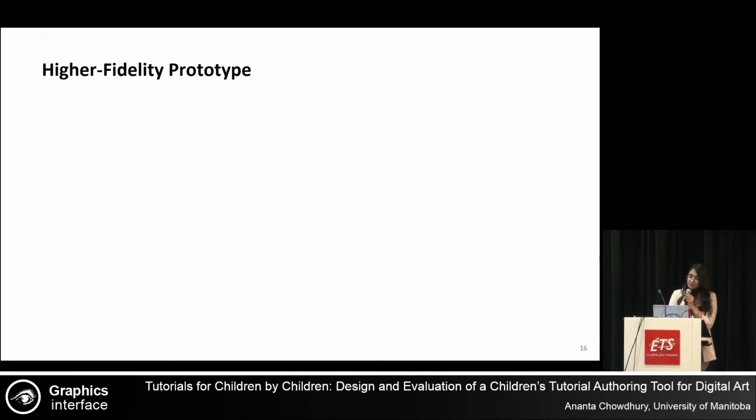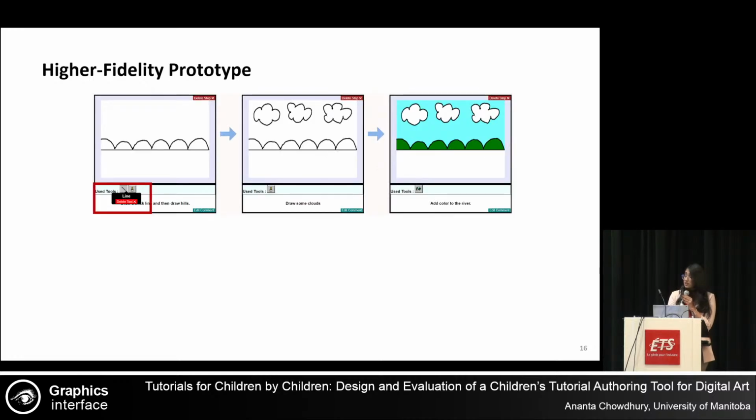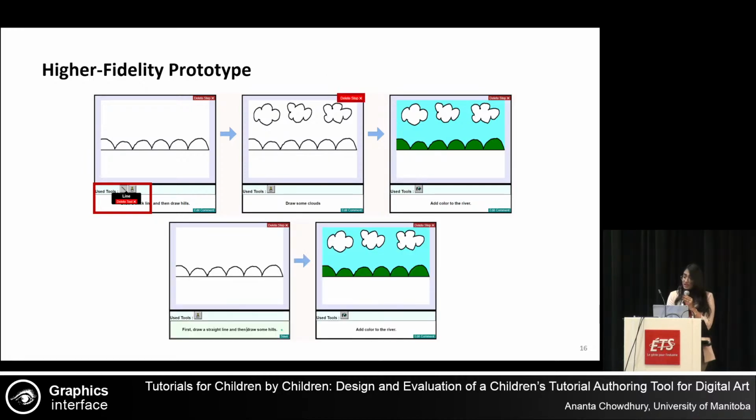The prototype allows children to delete unnecessary tool information and also delete steps. Children can also edit their comments after they finish working on their drawing. The final version of their tutorial will be displayed by the prototype, and eventually it would be shared with their friends.